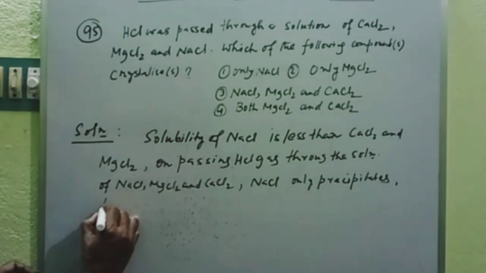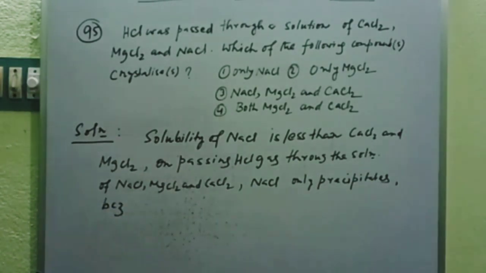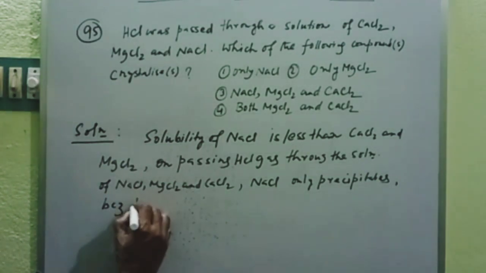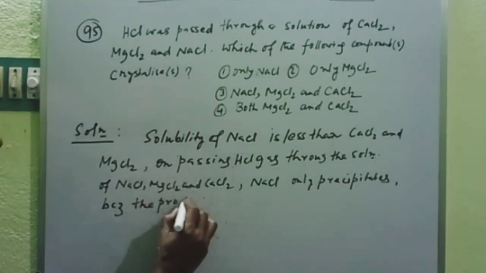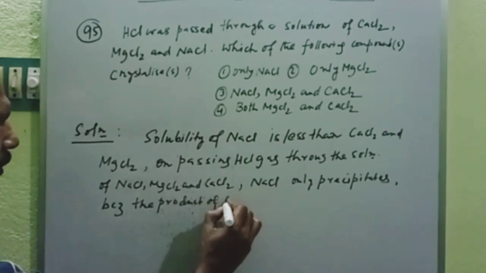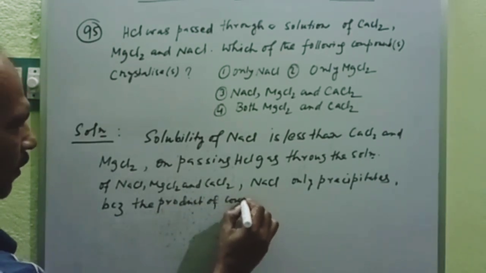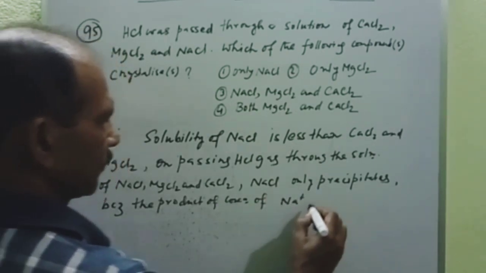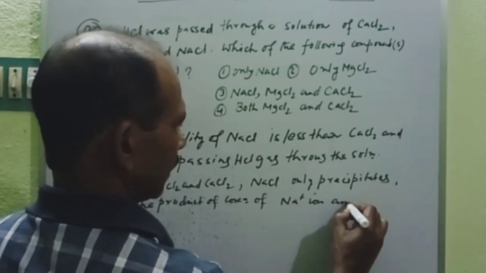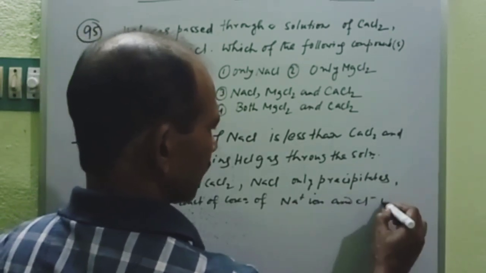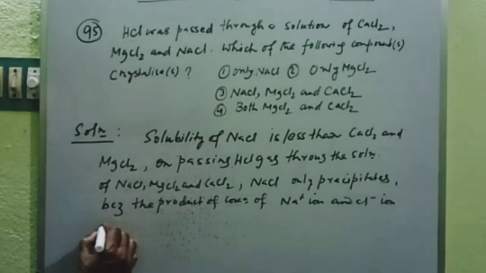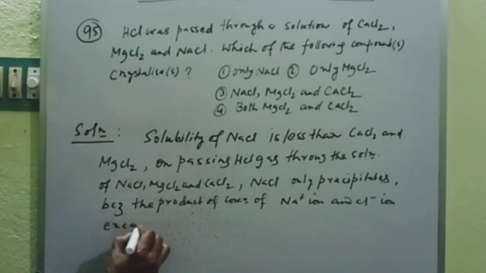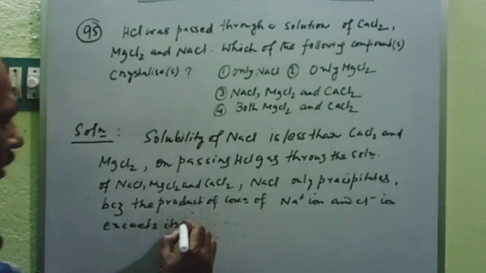Because the product of concentration of Na+ ion and Cl- ion exceeds its solubility product.